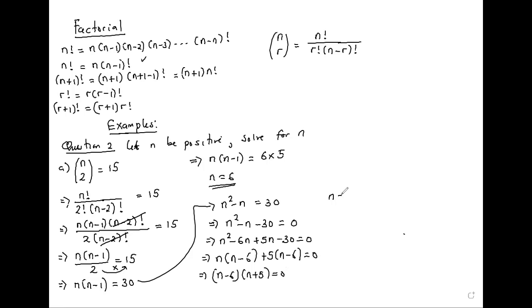So we get n is equal to 6 or n is equal to negative 5. But the question says let n be positive. Therefore, n is equal to 6 is the only positive value that we're able to see here.